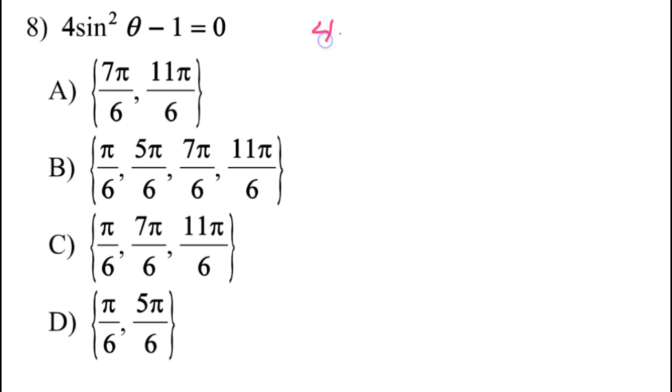So one thing I can do is this is the difference of two squares. 4 and 1 are both perfect squares, and this is the difference. So I think it would be interesting to use that fact. We should be able to factor this right away.